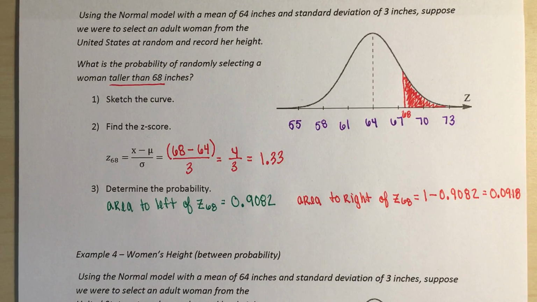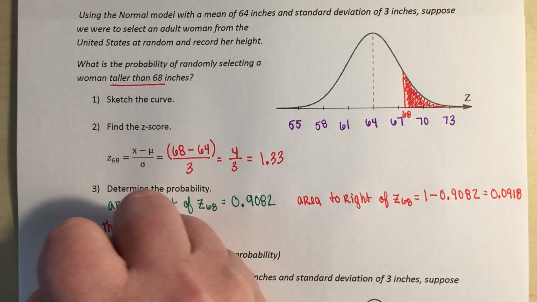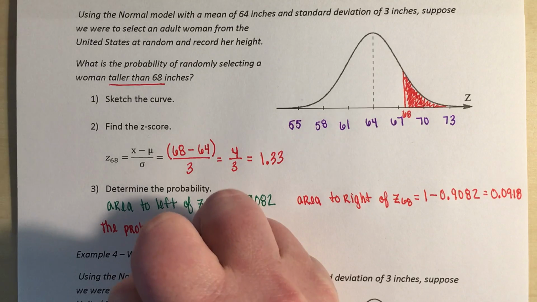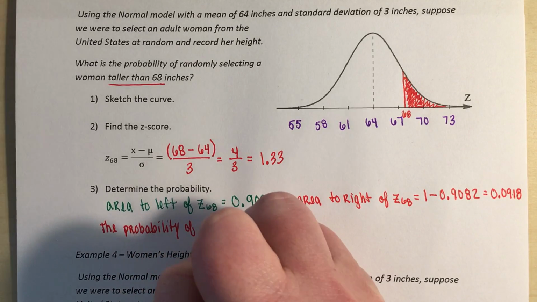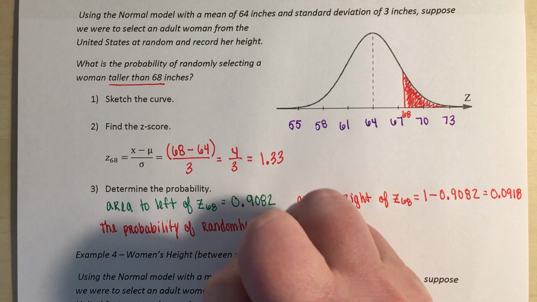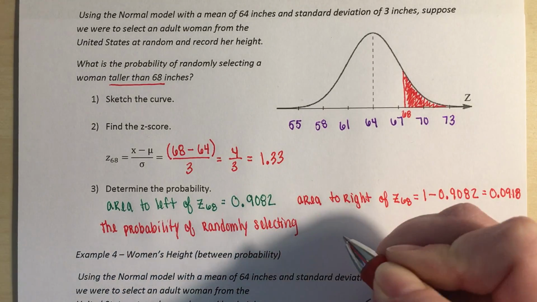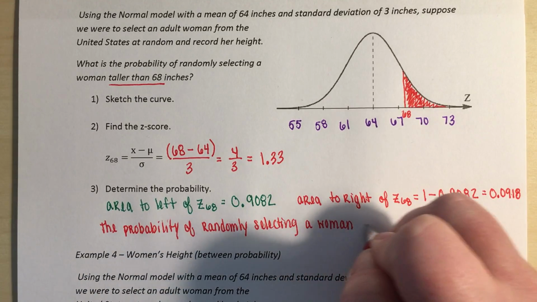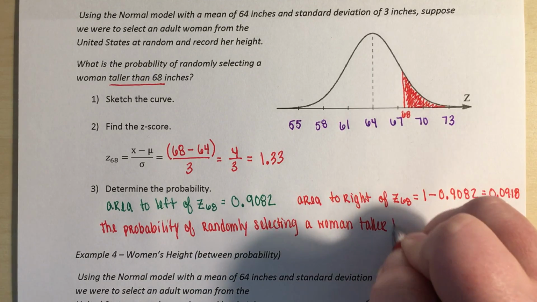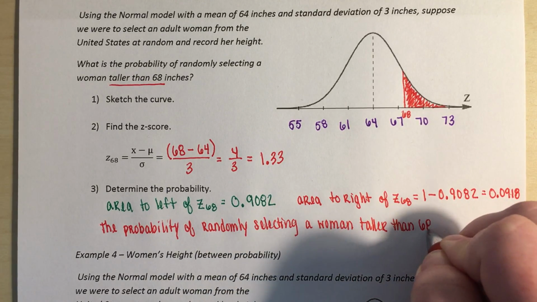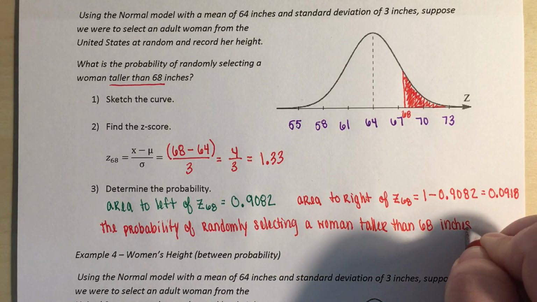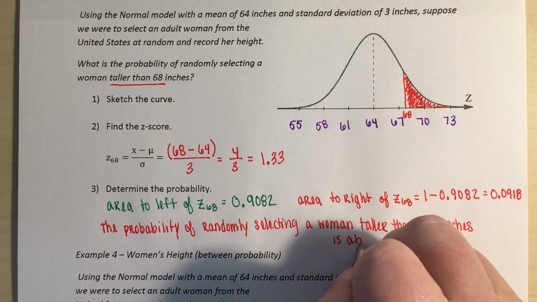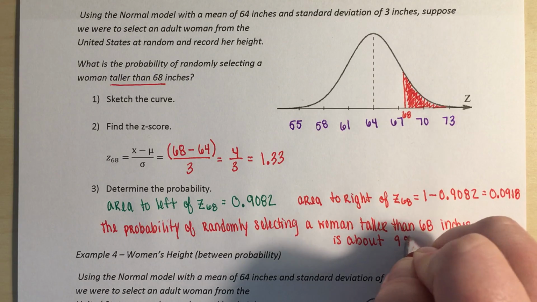So we're going to round that off to a percent, and we will say the probability of randomly selecting a woman taller than 68 inches is about 9%.